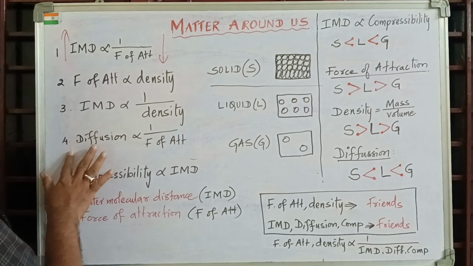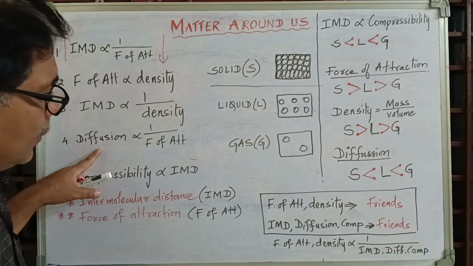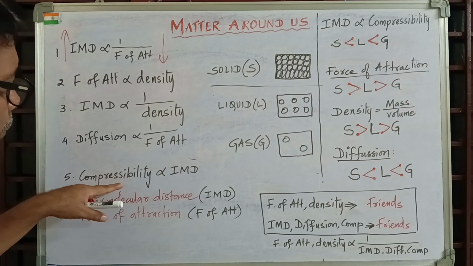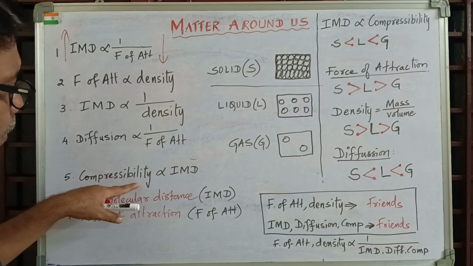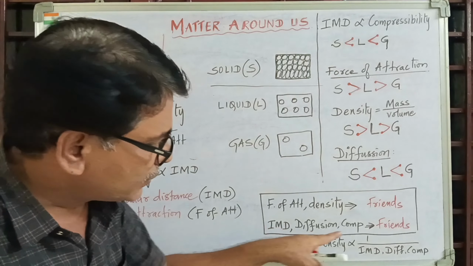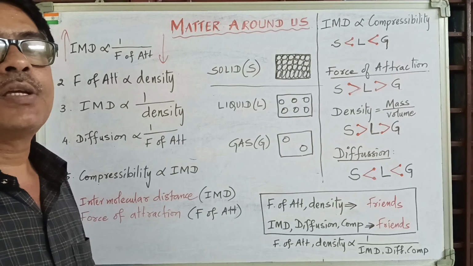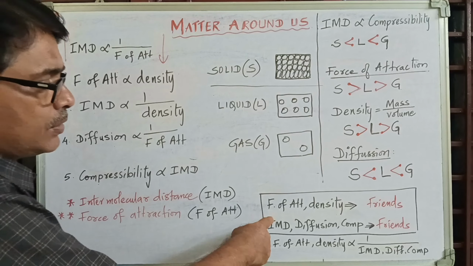So, what do you notice here? Diffusion and intermolecular distance, and now we'll be coming to compressibility. These three are friends. As I told you, our channel is to make science much easier.